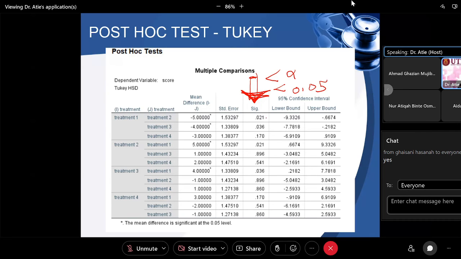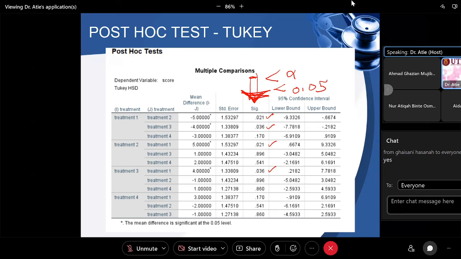This one is less than 0.05, the rest, no. So whichever has a value less than 0.05, those are actually different.